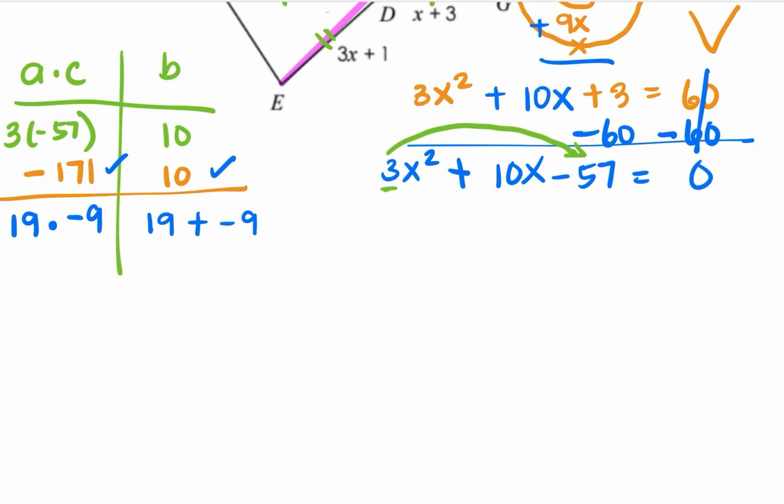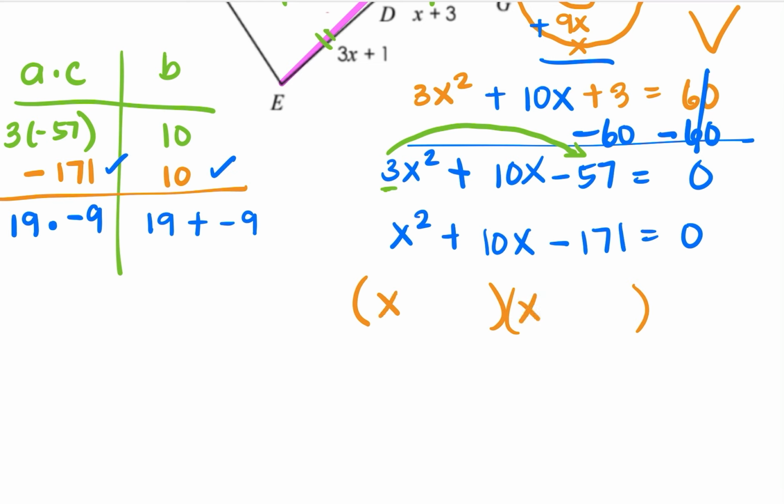I am going to rewrite the new equation: x squared plus 10x minus 171 equals 0, since I slid the 3, multiplying 3 with negative 57. Since we found the factors, we have x and x, times x is x squared, and the factors we found are positive 19 and negative 9.